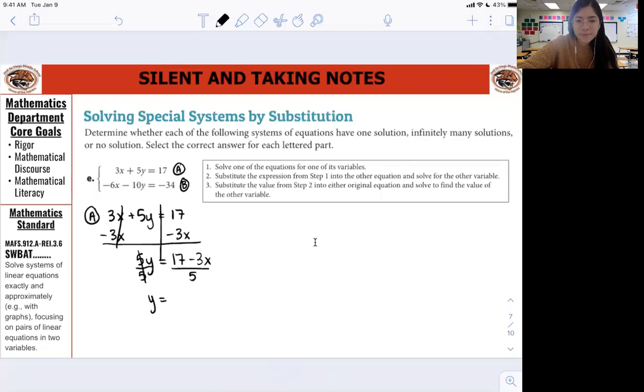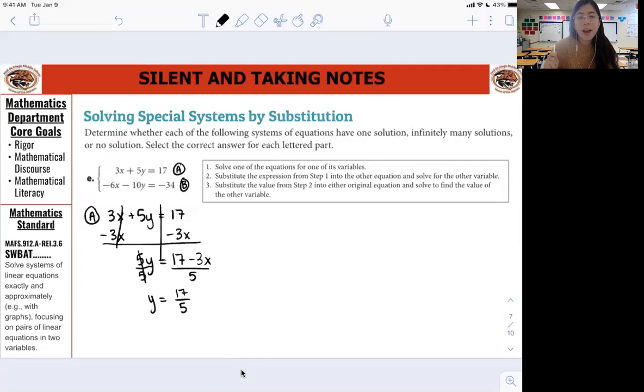17 over 5. But we can simplify that, yes or no, right? Can we simplify 17 over 5? Is 17 divisible by anything? No, it's not. So we kind of have to leave it the way it is. Can I make it into a decimal?